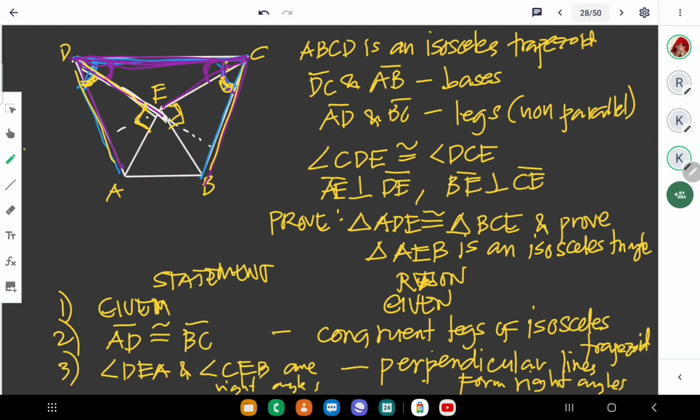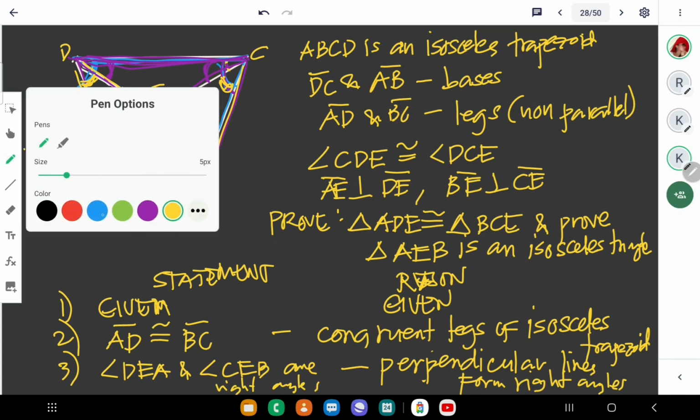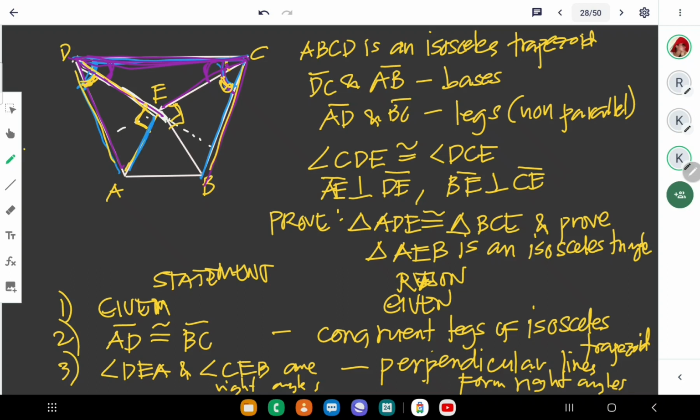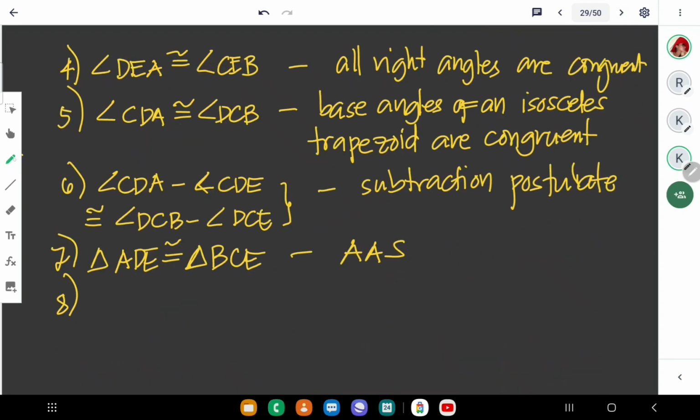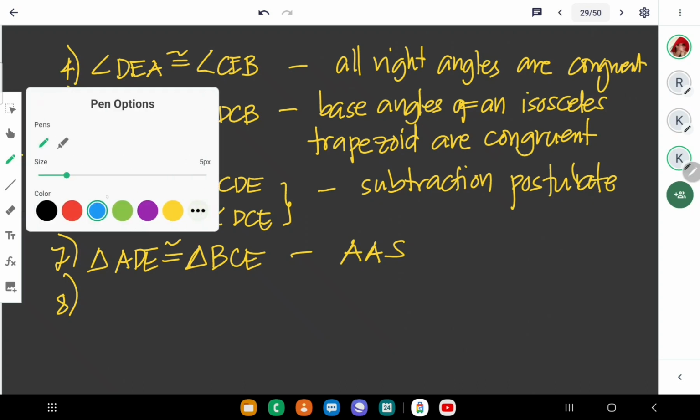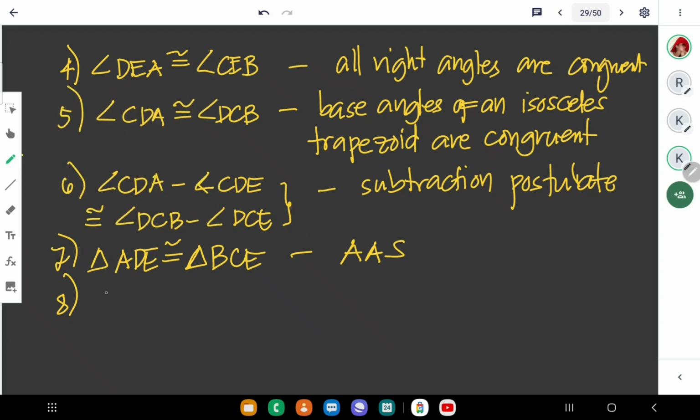And then that means that this side here, EA, is congruent to EB, right? Congruent parts of congruent triangles are congruent. So we can write segment AE is congruent to EB, by congruent parts of congruent triangles are congruent.